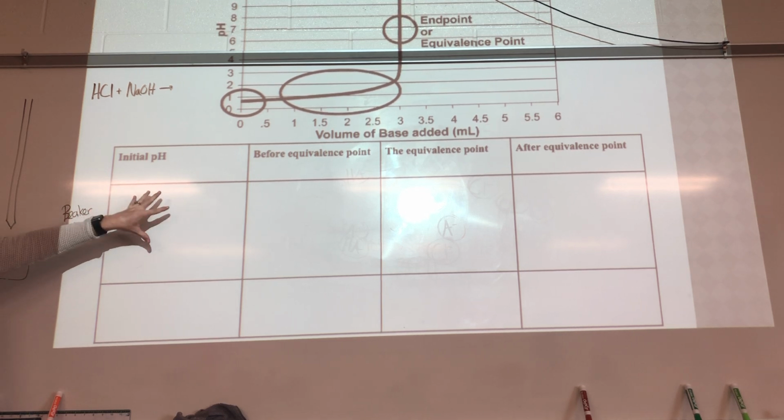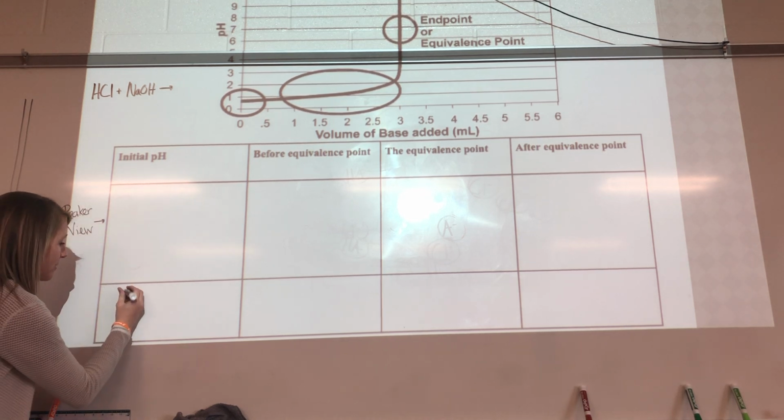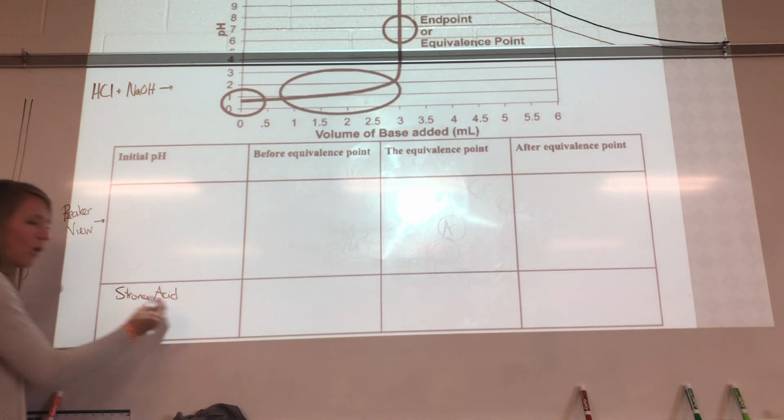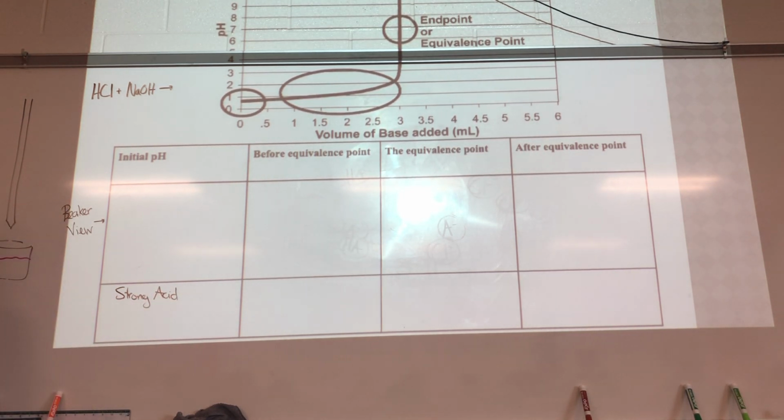Okay, so I think we all understand that the only thing that's in here right now is just strong acid, right? So before you drop base in, now we're not going to draw water. Water's there too. And anything that's maybe in a very, very small amount. Okay, we're going to just draw what's primarily there or what's primarily affecting the pH.